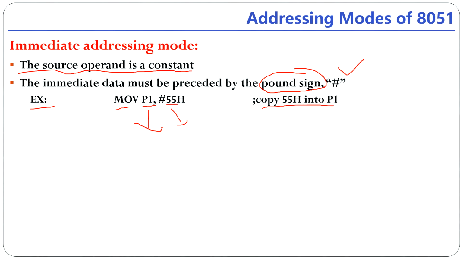After writing the instruction, if we want to include a comment, we can use the semicolon sign and write anything. The assembler does not include the comment; it is for our understanding only.